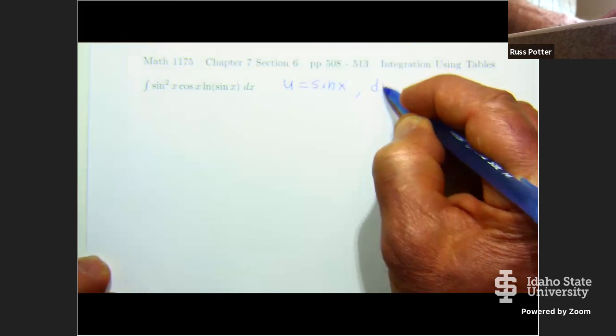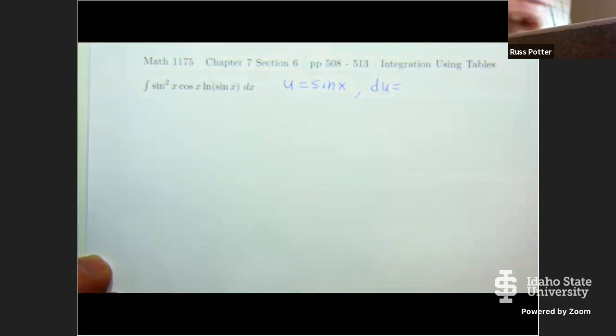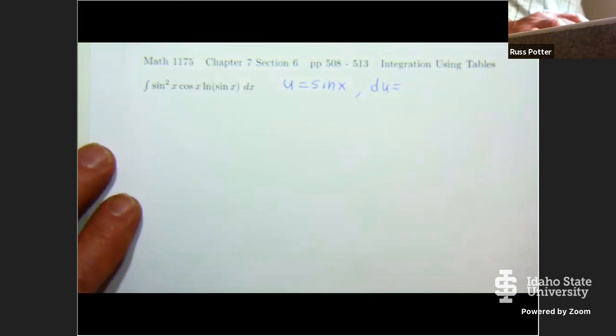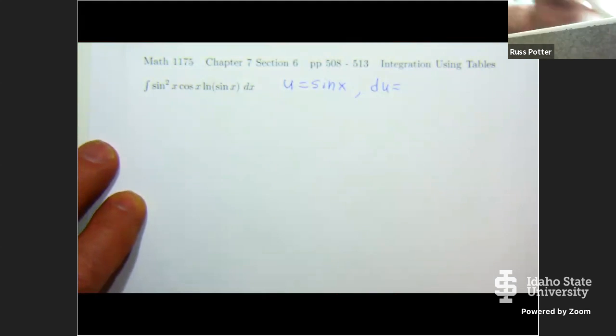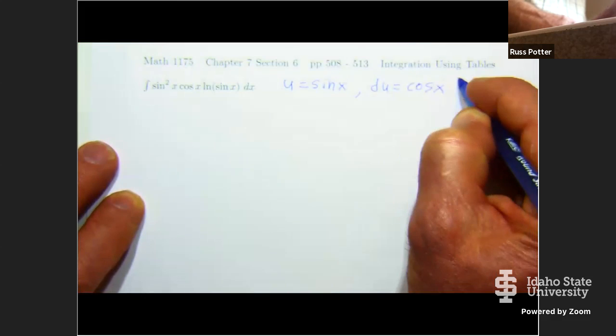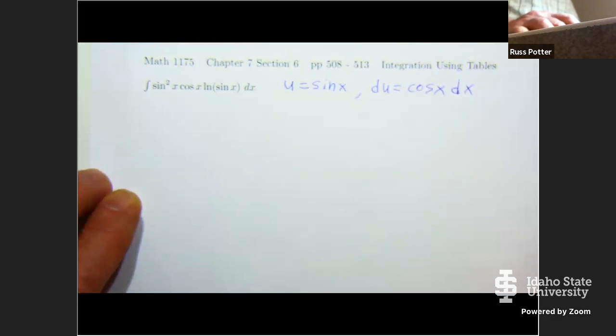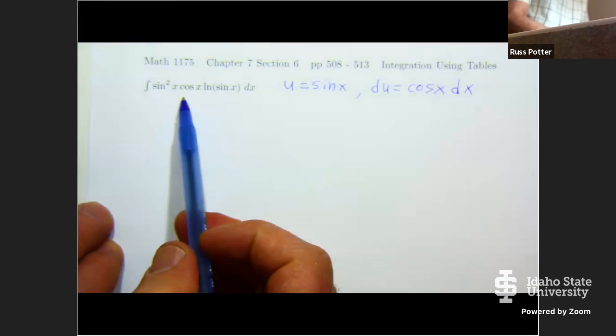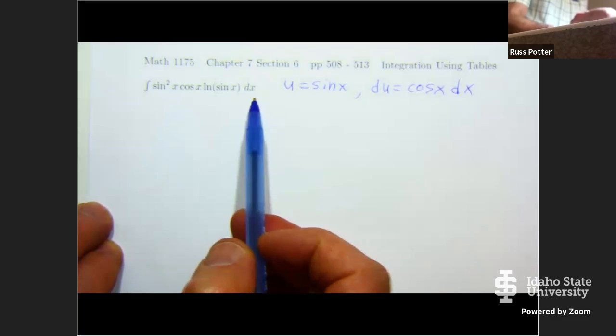And then what's du? The derivative of sine of x is cosine of x, and then dx. We see that our integrand has cosine of x dx.